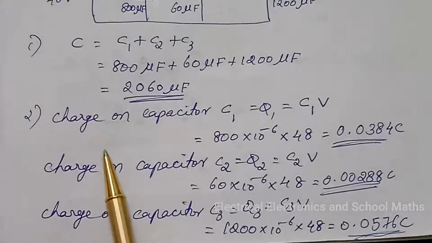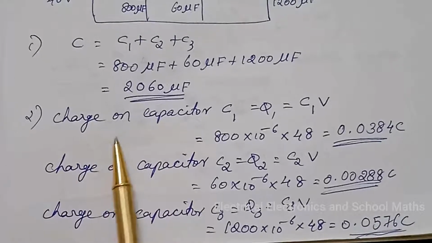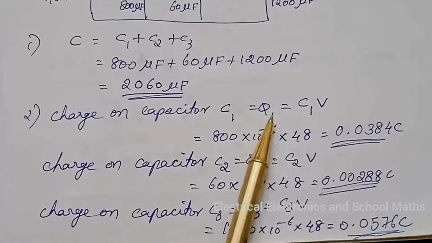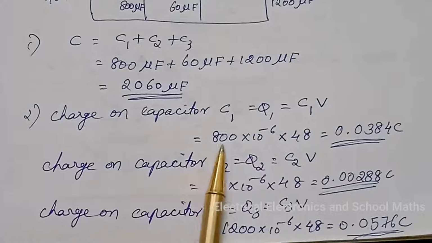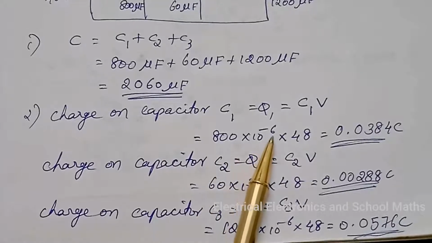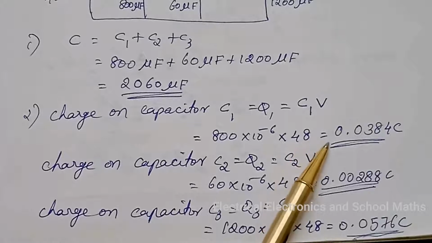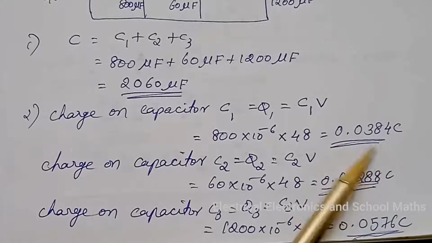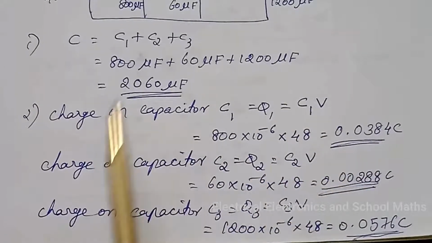Next we have to find the charge on each capacitor. First one is charge on capacitor C1, that is Q1 is equal to C1 into V. C1 is 800 into 10 raised to minus 6 into voltage is 48 and we get 0.0384 coulomb. The unit of charge is coulomb.